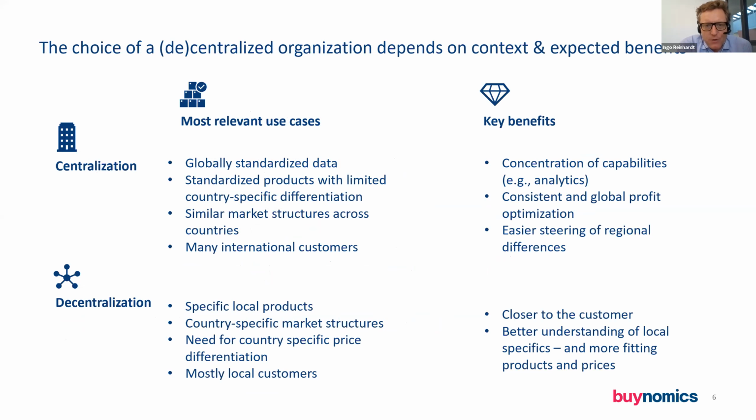So if we go to the first dimension as an example, what drives something like centralization or decentralization in an organization? I think it's very straightforward to think about that. So you have a more centralized pricing organization when, for example, the data are more standardized. So you have the same data structure. For example, you gather data from Google, and that has the same structure across the globe for you.